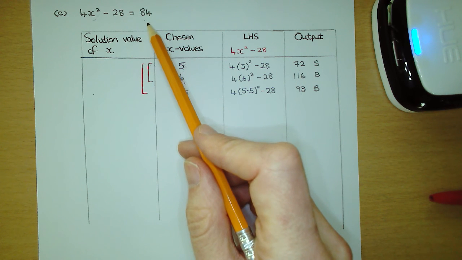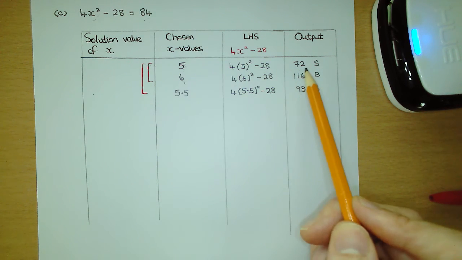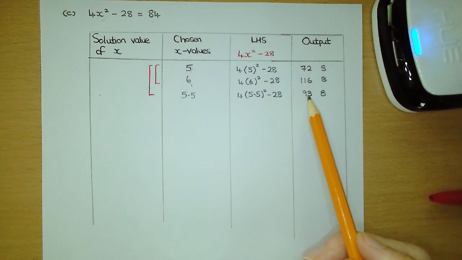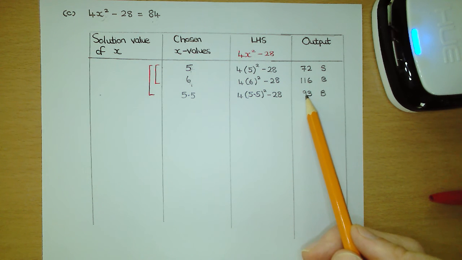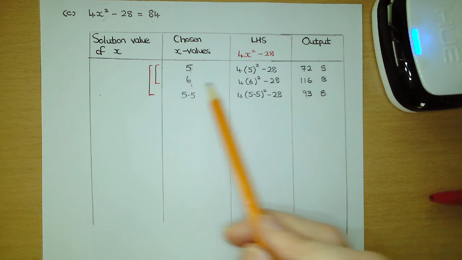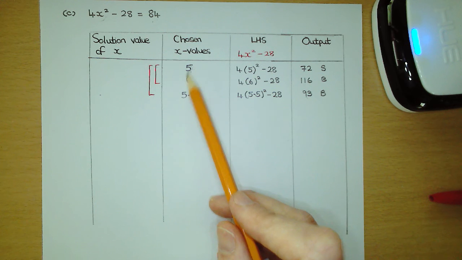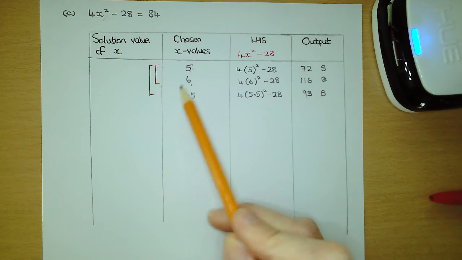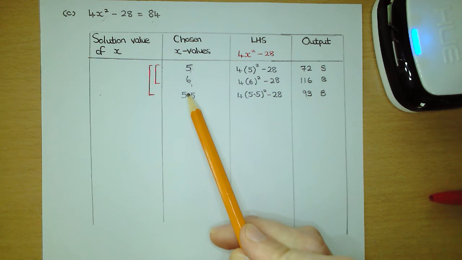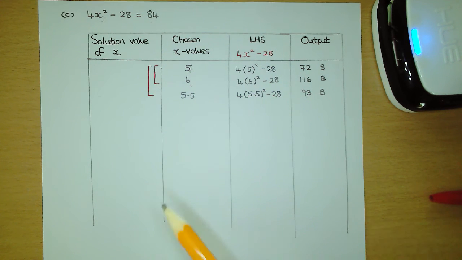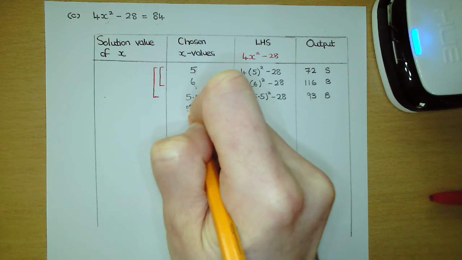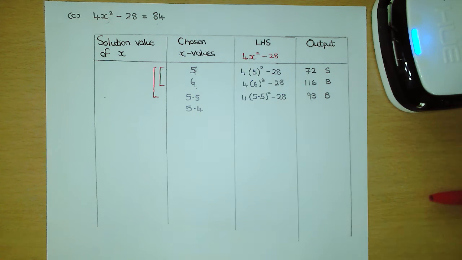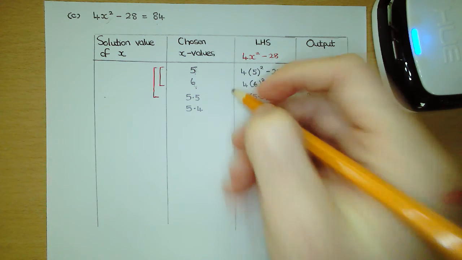Now the target number is 84, so 72 is 12 away and 93 is 9 away. So clearly this output 93 is closer to the target number than 72. So the next x value we pick has to be between 5 and 5.5, but it has to be closer to 5.5. So we're going to choose 5.4. And again, we're now going to chuck that into the left hand side.